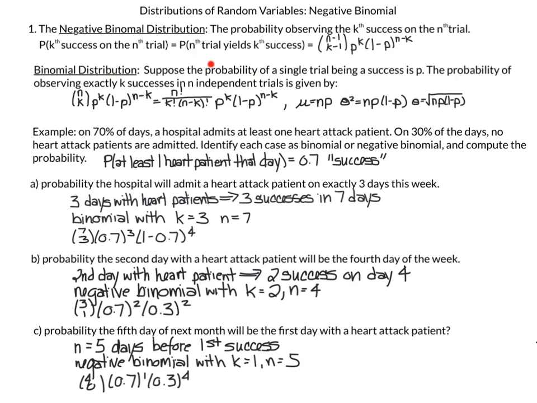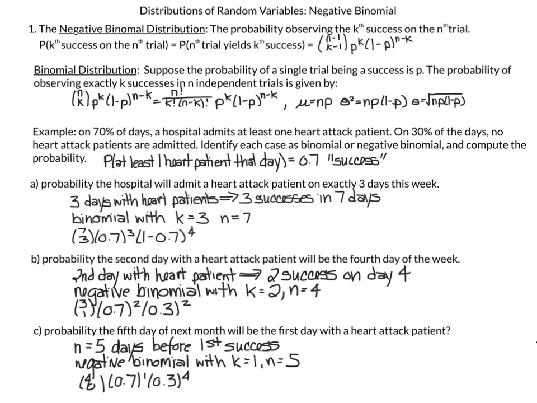Binomial, you know you have independent trials and you're looking for k successes, but here it seems like they're giving you both, and they absolutely are, because they're asking the probability the nth trial leads to k successes, or the probability that, in binomial, there are k successes in n trials. So they do give you both, but what you have to do is get to what is considered a success, or what you are looking for. So the thing you want to determine is, are you looking for the successes, or when the successes happen?